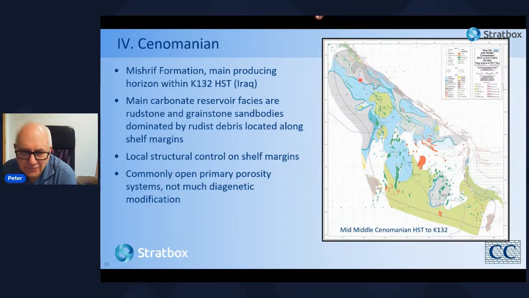And we find there's local structural control on the shelf margin. Often the reservoir quality is fairly straightforward, nice open primary porosity systems with not much diagenetic modification, so you can relate the reservoir quality directly to the depositional facies.